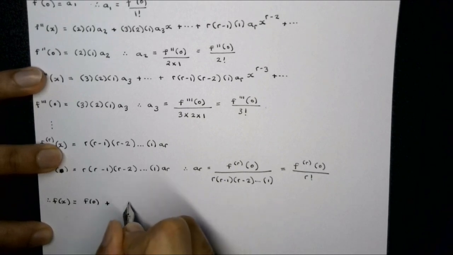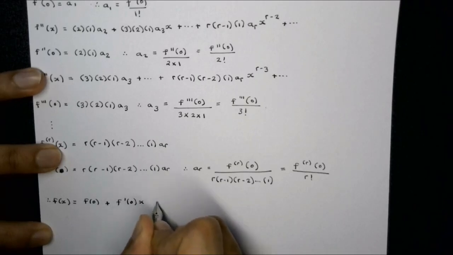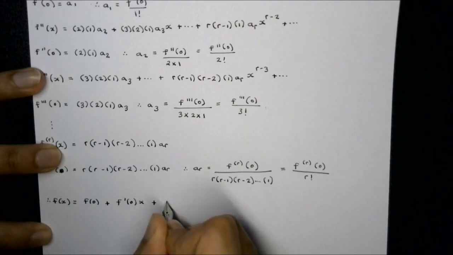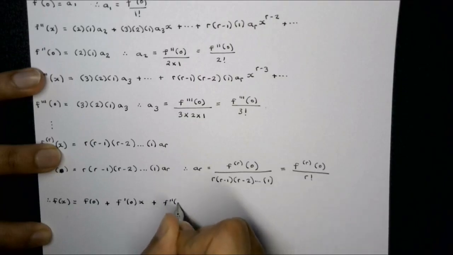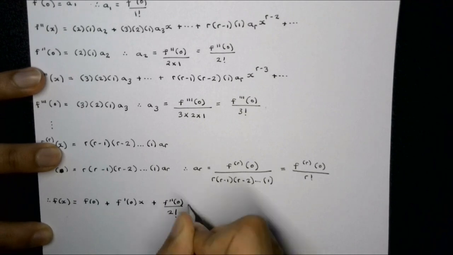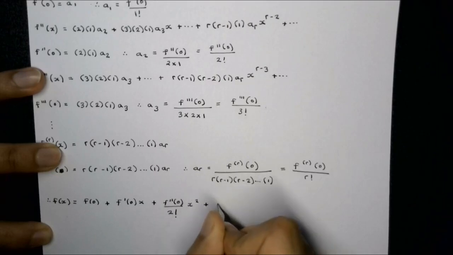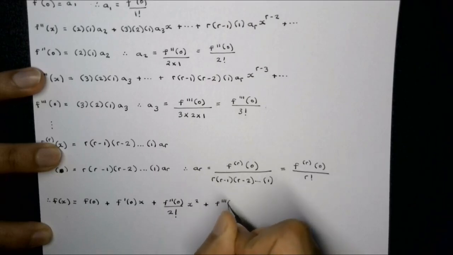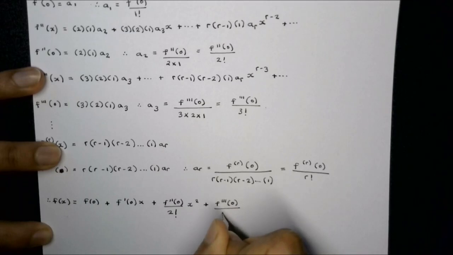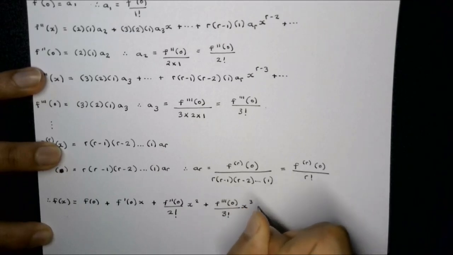Now we said a1 is f dash of 0, and then we times this by x. And then the next term, we have f double dash at 0 divided by 2 factorial times x squared. Next term, we have f triple dash at 0 divided by 3 factorial times x cubed.